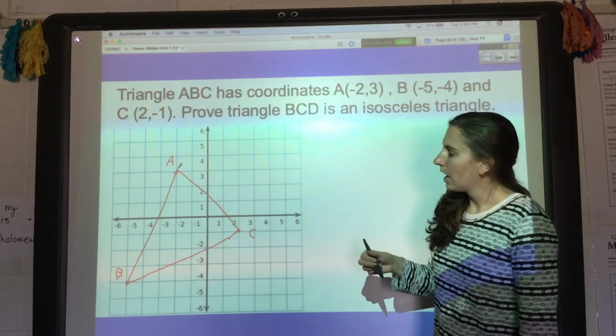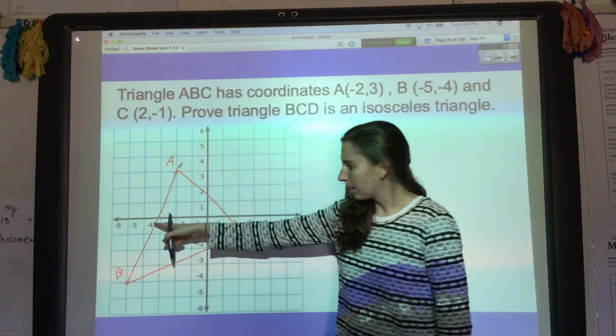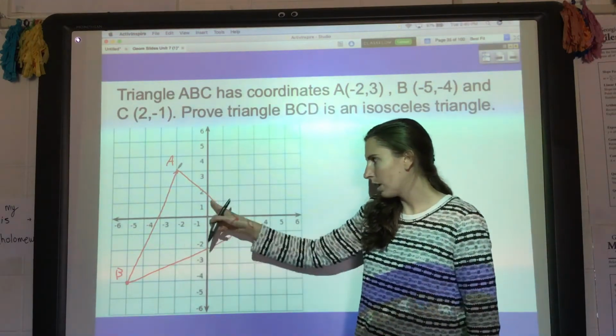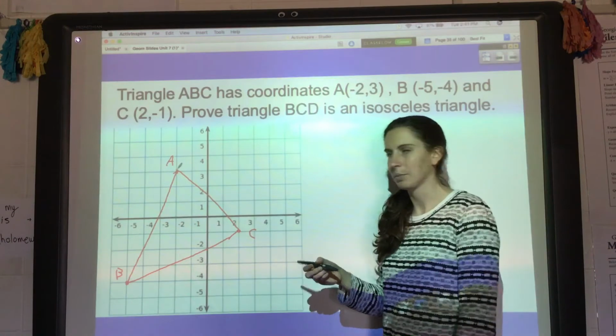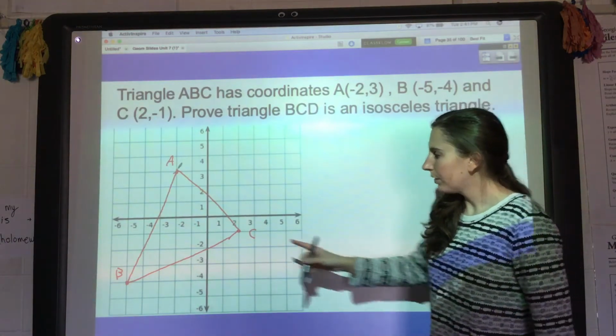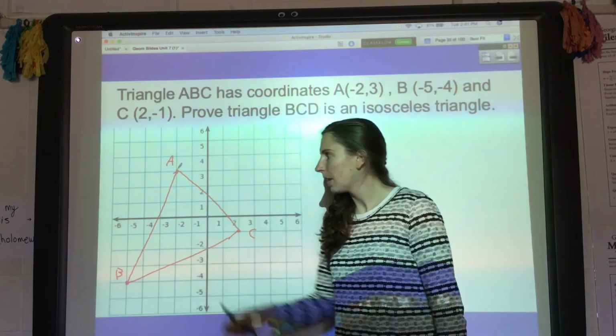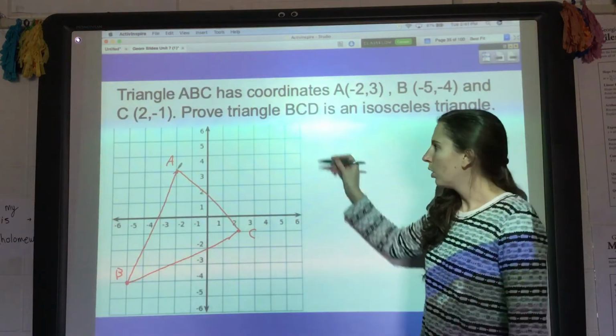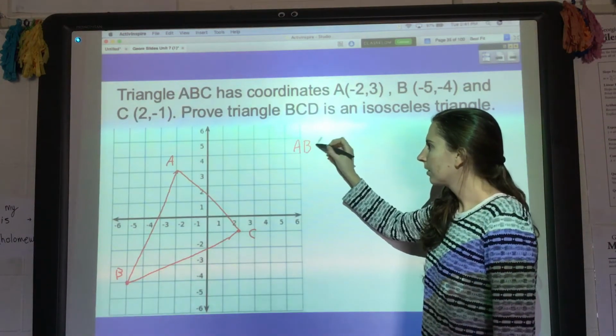So, it looks like it's probably going to be these two that are the same, but we'll want to check that one just to be sure, because sometimes my pictures aren't the most accurate. So if I want to find the length from A to B, I could do Pythagorean Theorem or just do the distance formula.